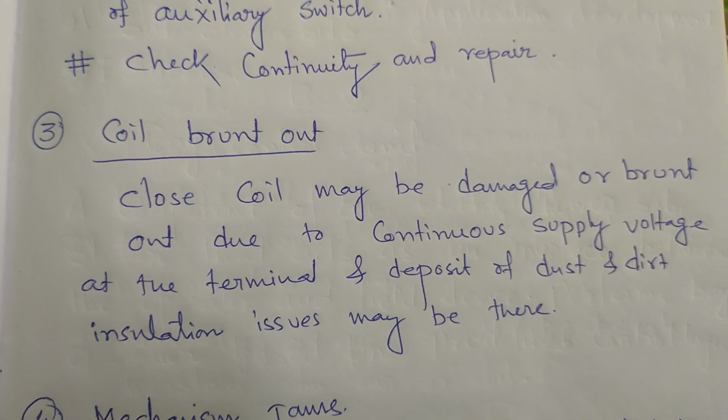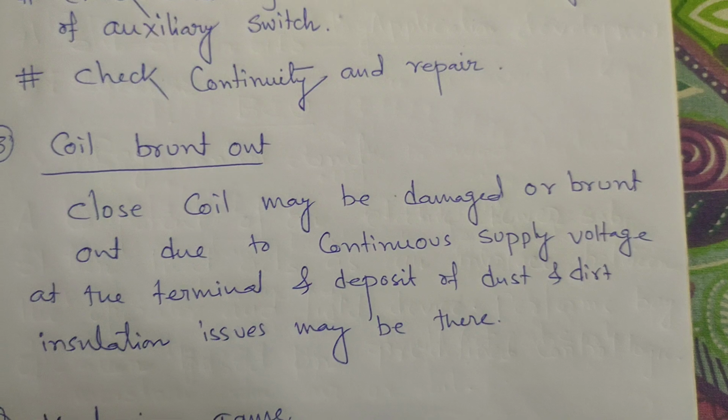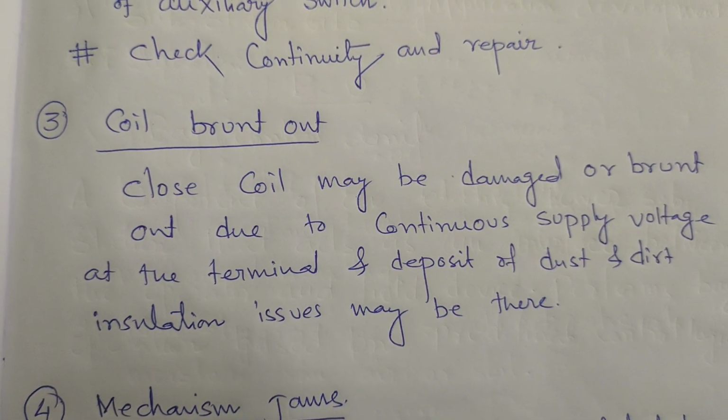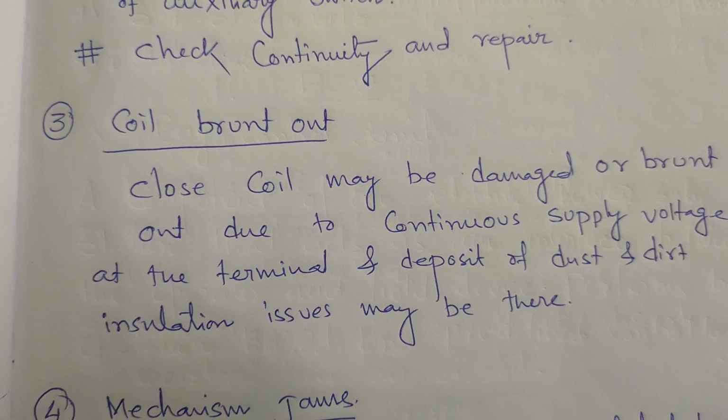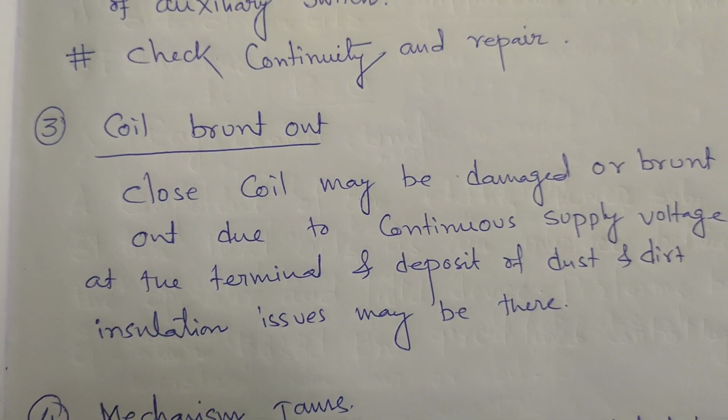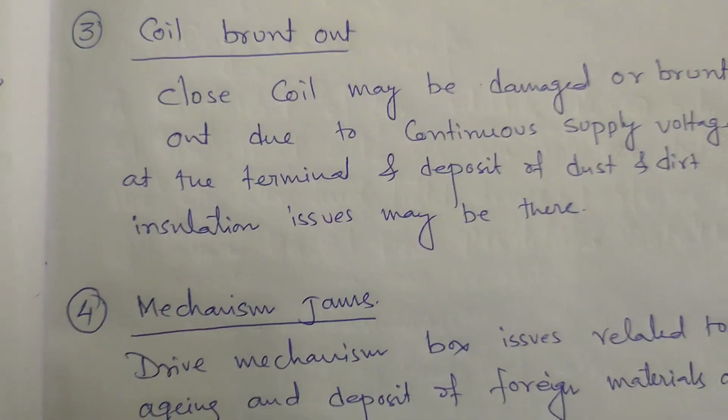The close coil may be damaged or burned out due to the continuous supply of voltage at the terminal, and deposits of dust and grit and insulation issues may be there. Also mechanical jam.